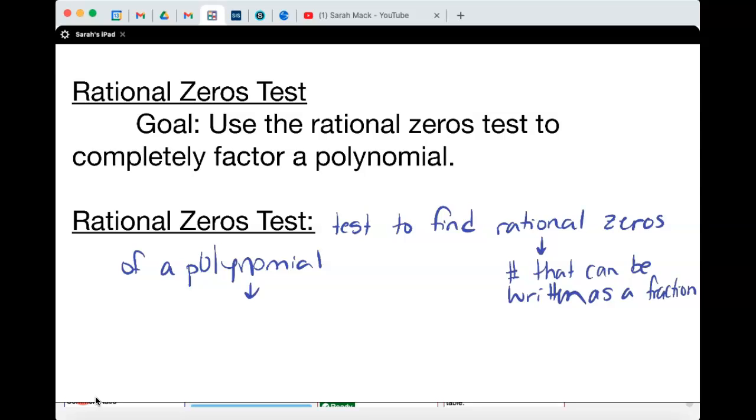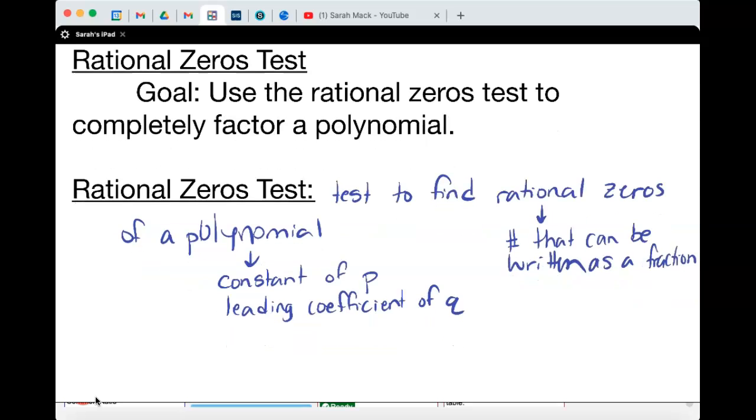So let's just say our polynomial has a constant of p and a leading coefficient of q. Now we can make a list.